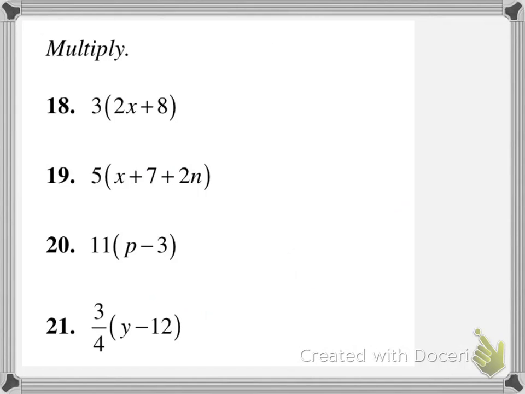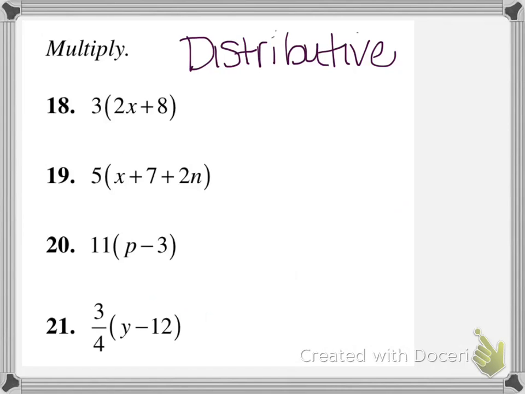This is using the distributive, and I know that because I have a number sitting outside of a set of parentheses. So I can take that number on the outside and distribute it to everything on the inside. And on this one, I would actually have to distribute it to 3 terms.